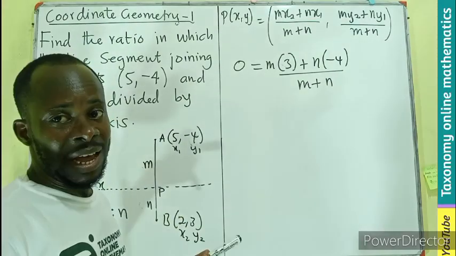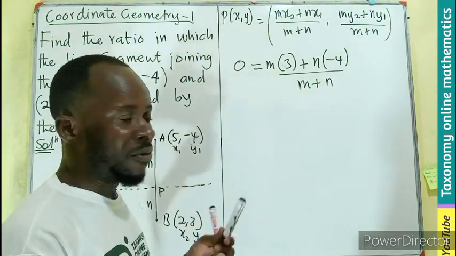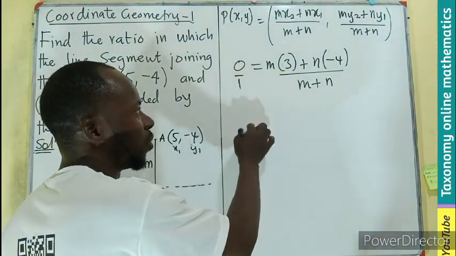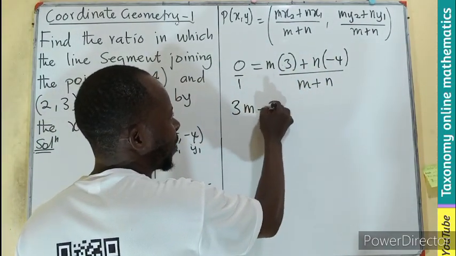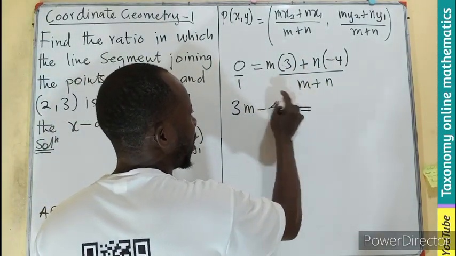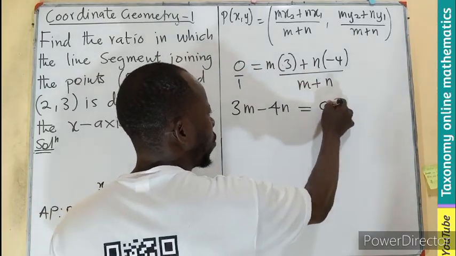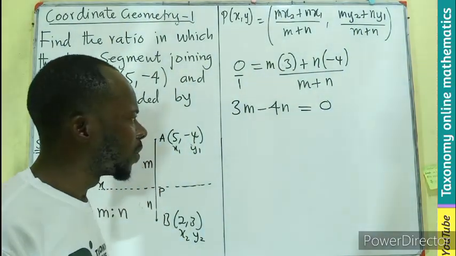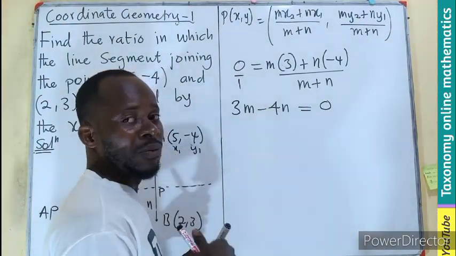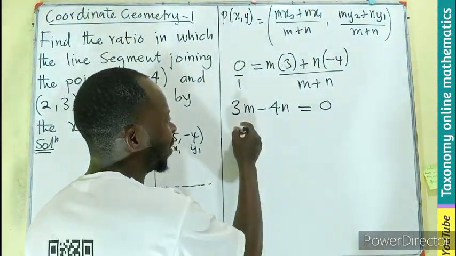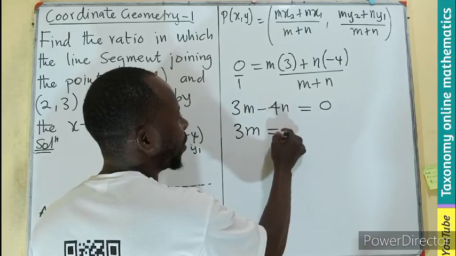Right? So this is more or less like a fraction that can be written as a ratio. So this will give us 3m minus 4n equals 0 times this, which will still give us 0. Alright. Now we can keep this and send the negative 4n to the other side to have 3m equals positive 4n.